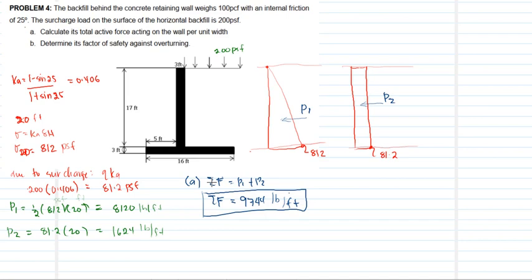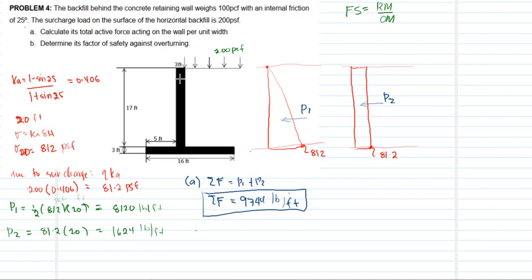And for the letter B, we have to determine the factor of safety against overturning. So, if you still remember, yung ating factor of safety is equal to the righting moment over the overturning moment. Okay?